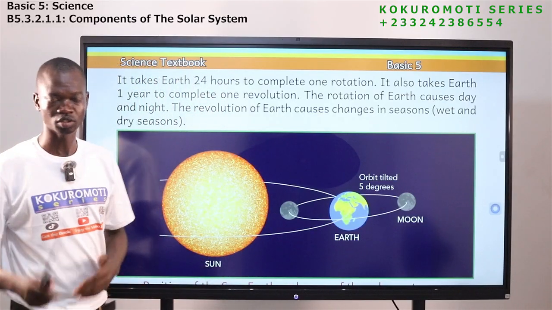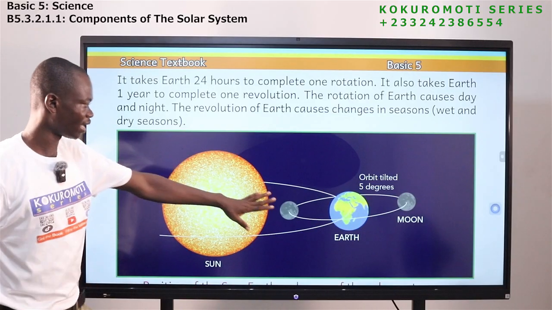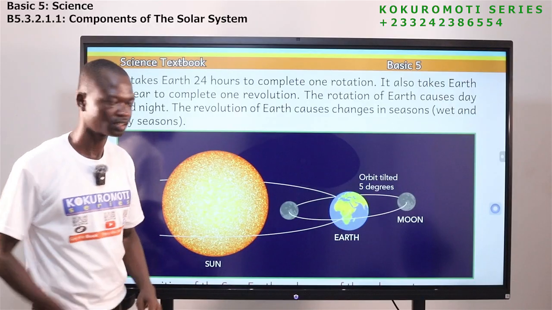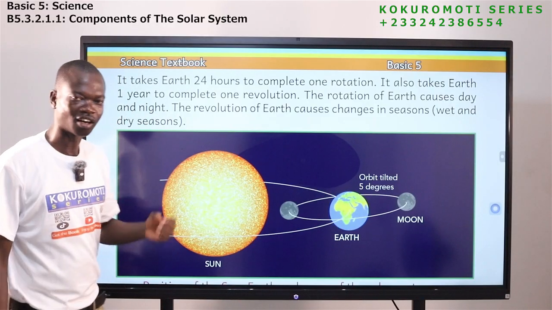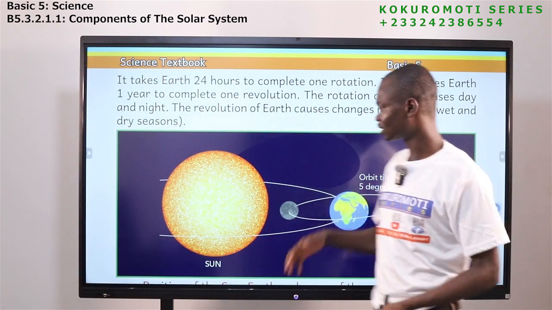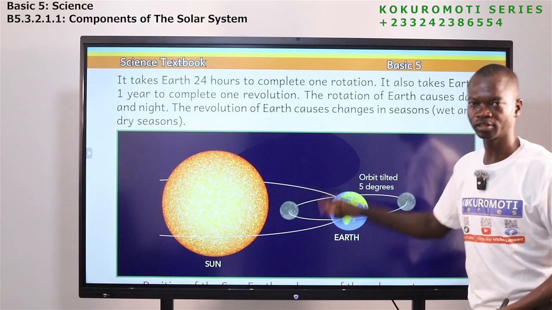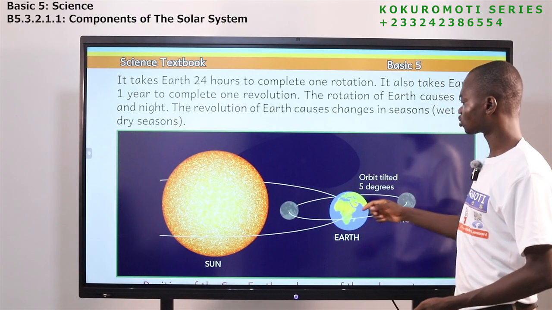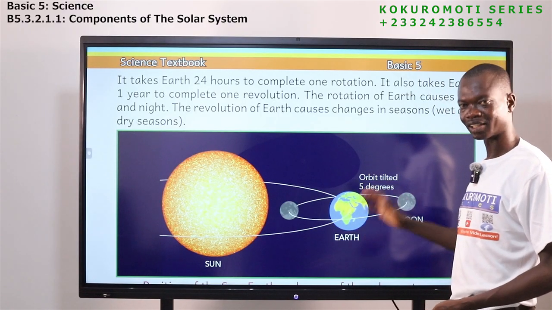It happens continuously because the Earth doesn't stop. It moves like that in a cycle. So if you are asked about the causes of changes in seasons in Ghana, you should know that the changes in season happen as a result of the Earth going around the Sun. And also, day and night occur as a result of the Earth rotating or spinning on its axis.